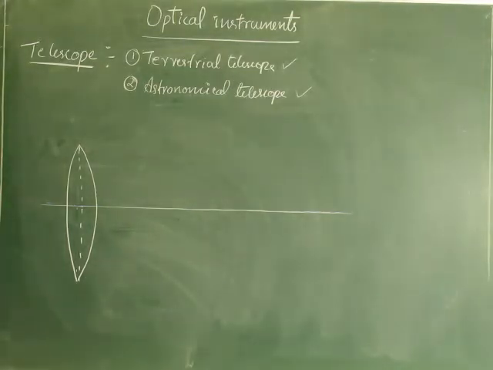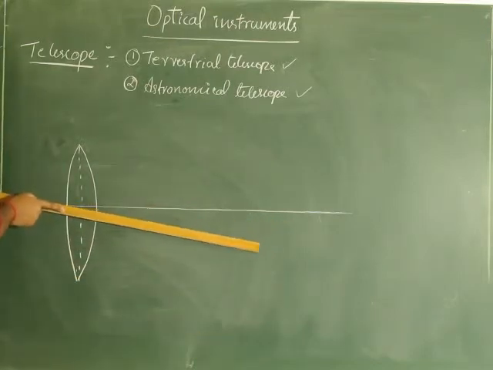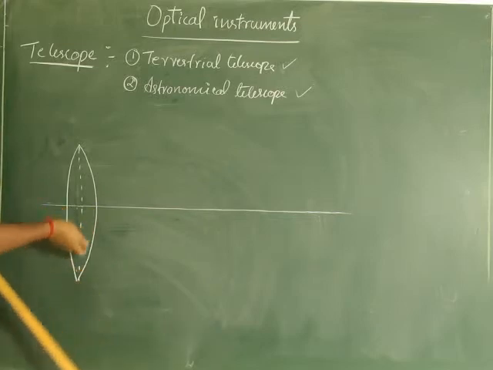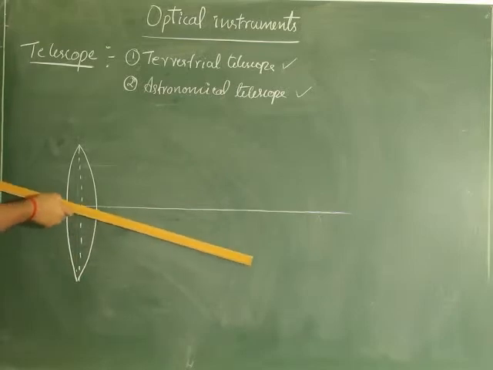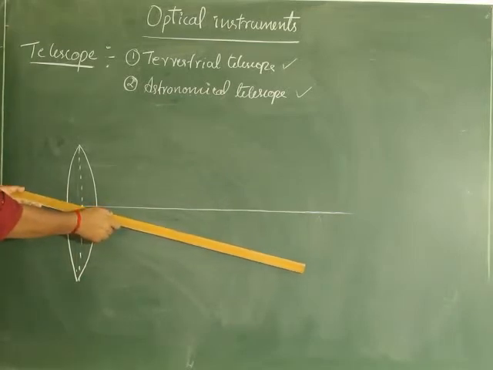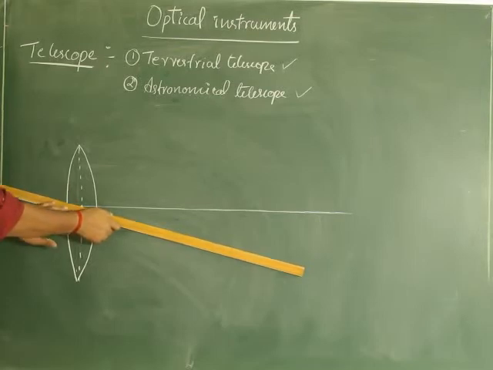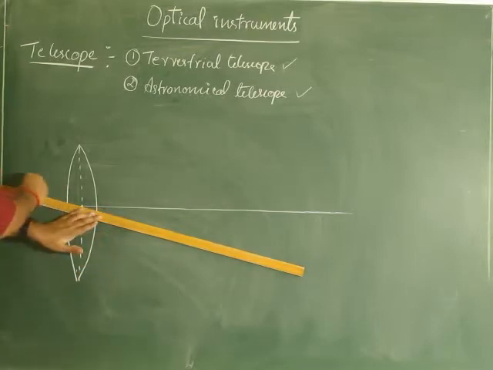From infinity, I will take a ray of light which passes undeviated through the optic center. Here I will take the optic center in this way, with a small angle.